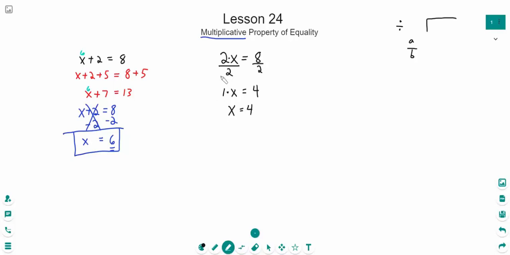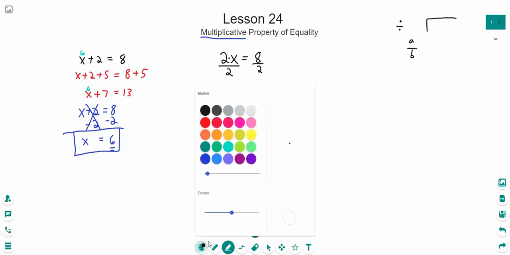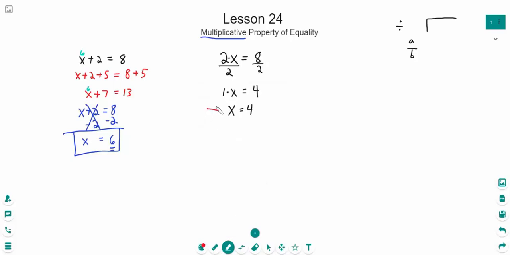It's still representing the same hidden value that it represented up here, and it still would produce a true equation. So you're going to have to take that on faith. We won't get into the guts of how that works. But know that this equation is in fact an equivalent equation to the original 2x equals 8.